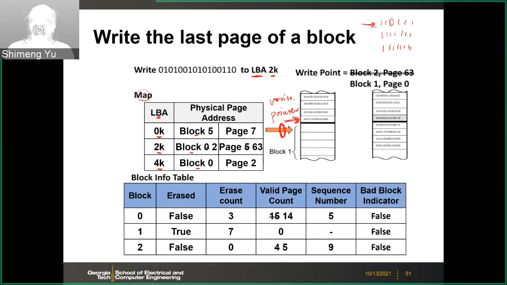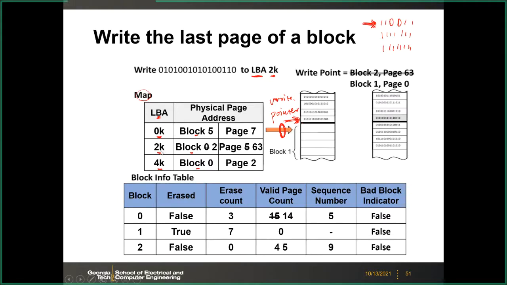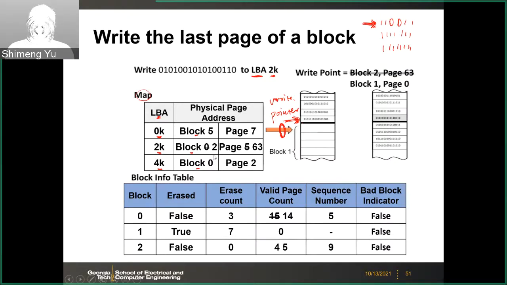So you may flip some of those to 0 depending on the data from outside. So this is what you will do for the programming. So in this case, we want to write this data to this logic block address 2K. And previously, I believe the 2K was stored in the block 0. Now you have to write the new data in this LBA 2K.